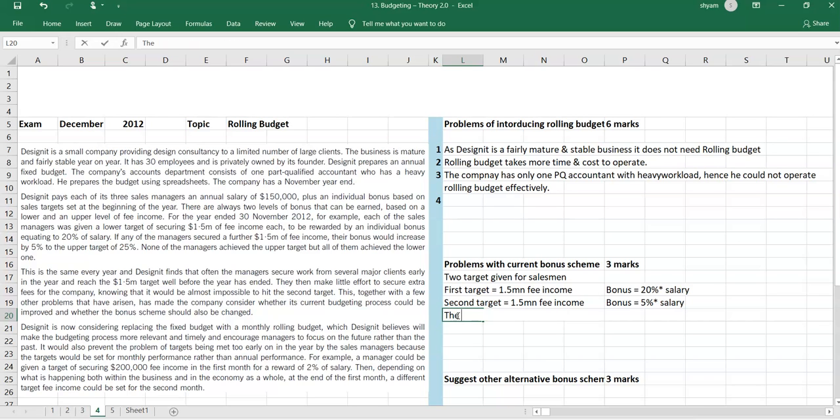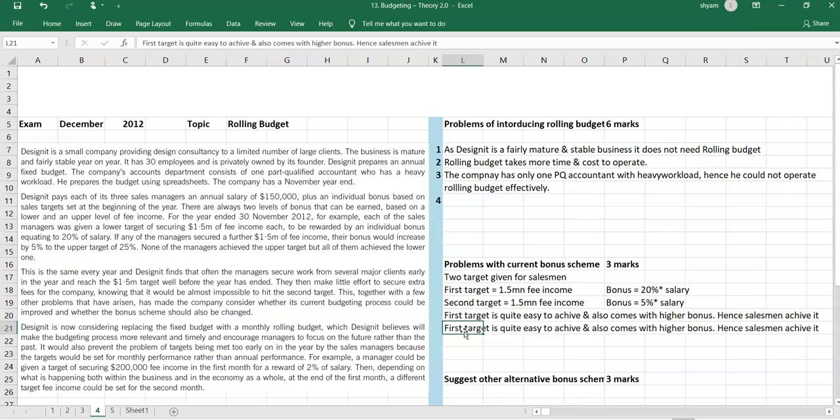See, the first target is quite easy to achieve and also comes with a higher bonus. Hence, salesmen achieve it.